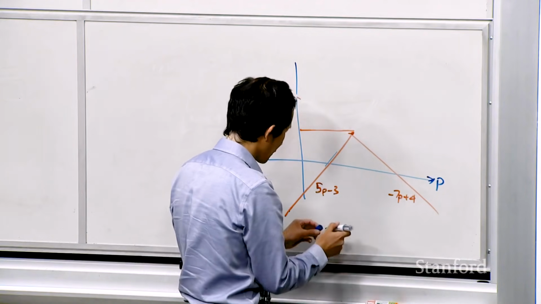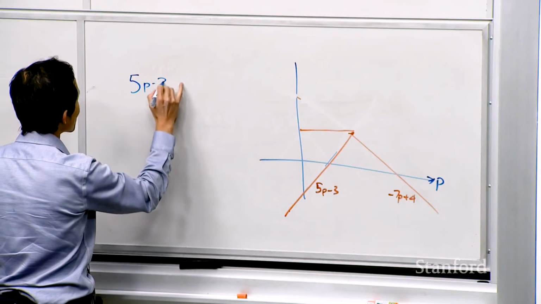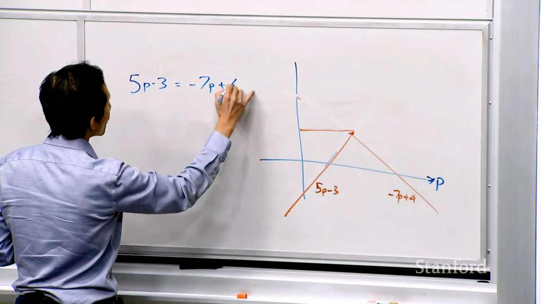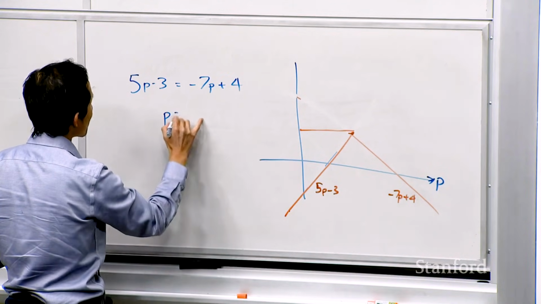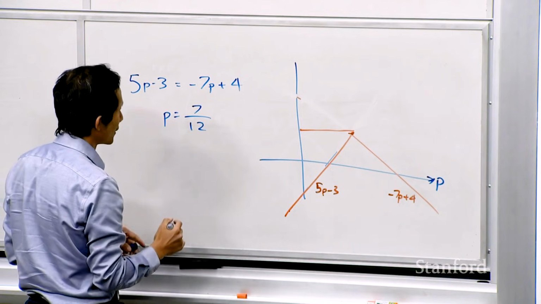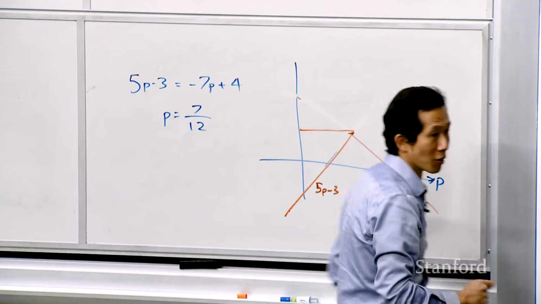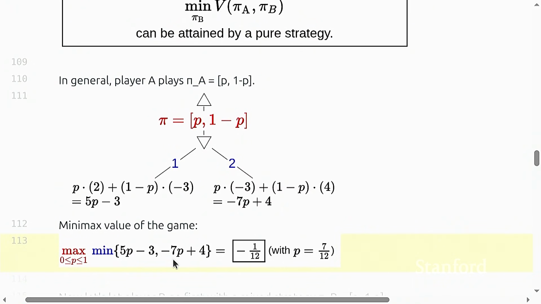Okay, so when you set them equal, if you have 5P minus 3 equals minus 7P plus 4, then you find that P equals 7/12. And then if you plug in the actual P into either one of these, you get that the minimax value of the game is minus 1/12.